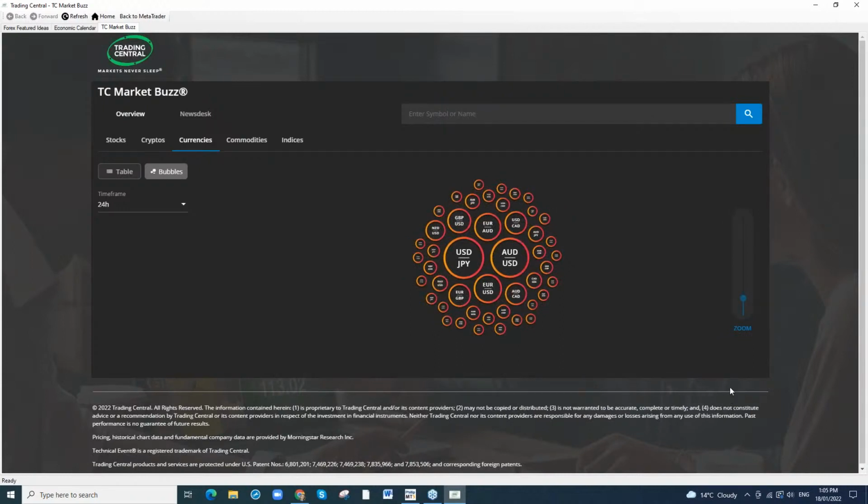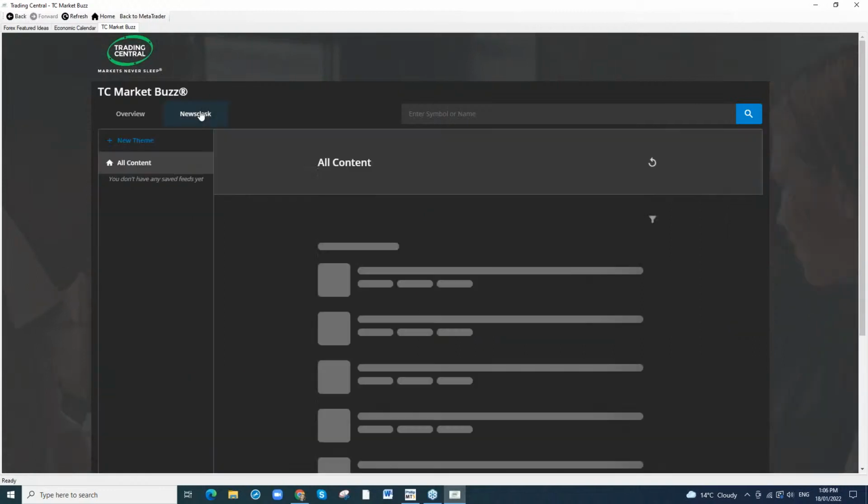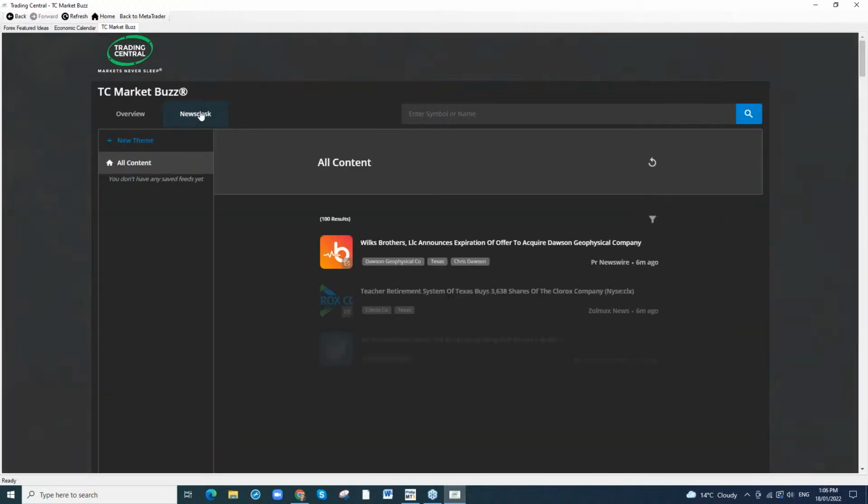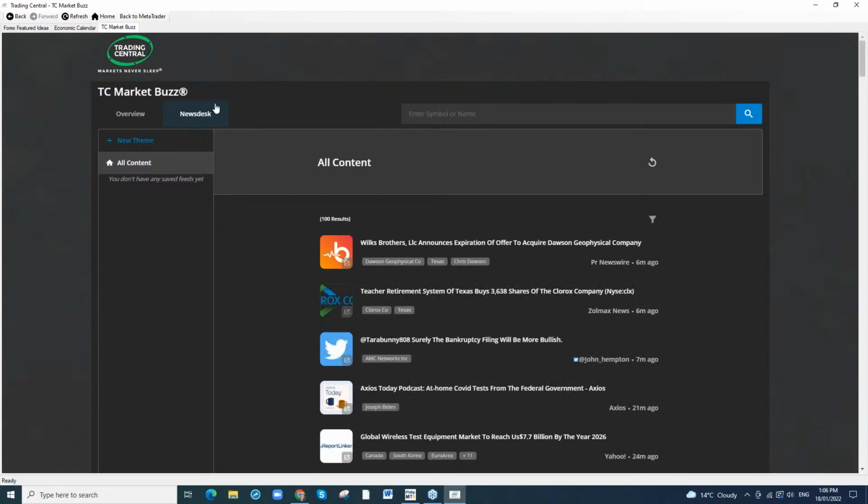Market Buzz is a combination of an overview of different types of asset classes together with the news desk. From here, you can get the news that you like. You can filter and browse the topics and specific assets that you are interested in trading.